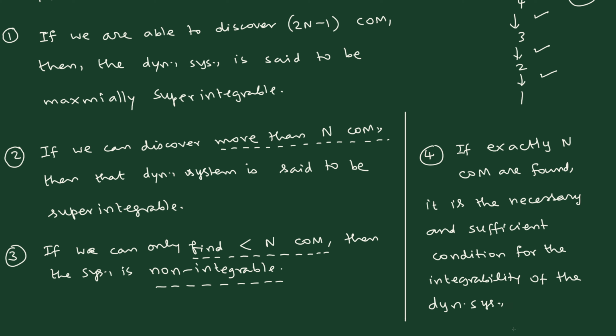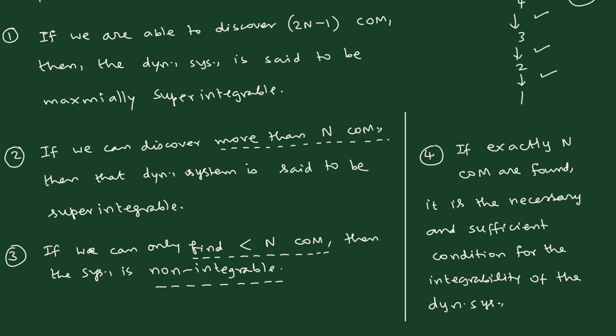So it is better that this kind of doubt may come, and now it is clear that if you are able to at least find n of them exactly, then we say that you have reached the necessary condition and the sufficient condition for the integrability of the dynamical system. That means at least it has escaped from the difficulty of non-integrable system.